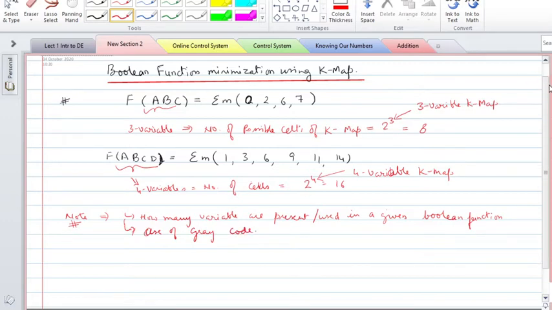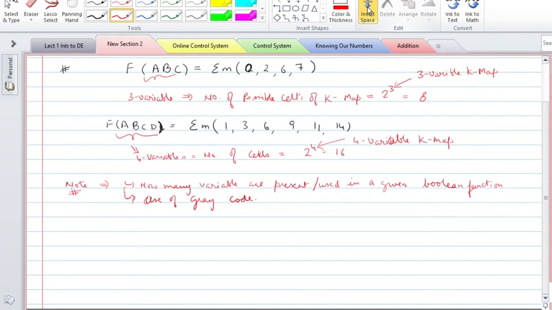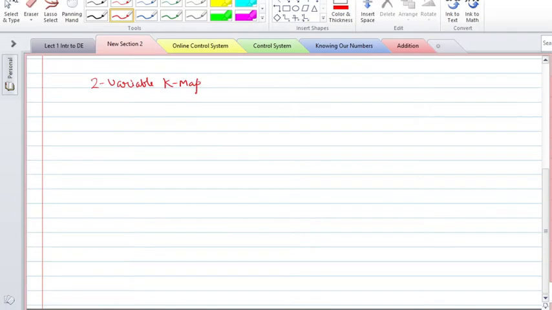Okay, now let's start with a 2 variable K-map first. In a 2 variable K-map, the given function contains only 2 variables. So take an example.